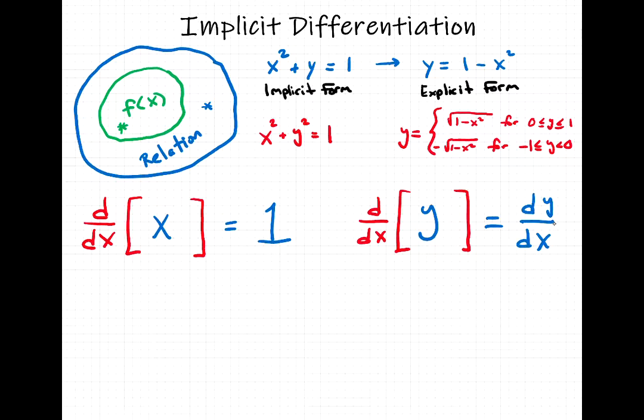We have rules for trig functions, the sum and difference rule, the constant multiple rule, all of those. So we're going to apply those in conjunction with this one here, the fact that the derivative with respect to x of the variable y is dy over dx. All right, so let's look at an example.